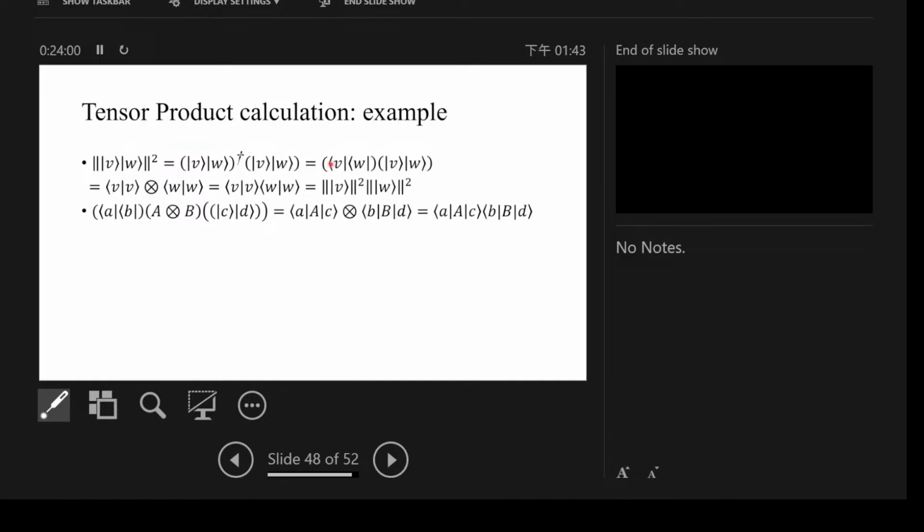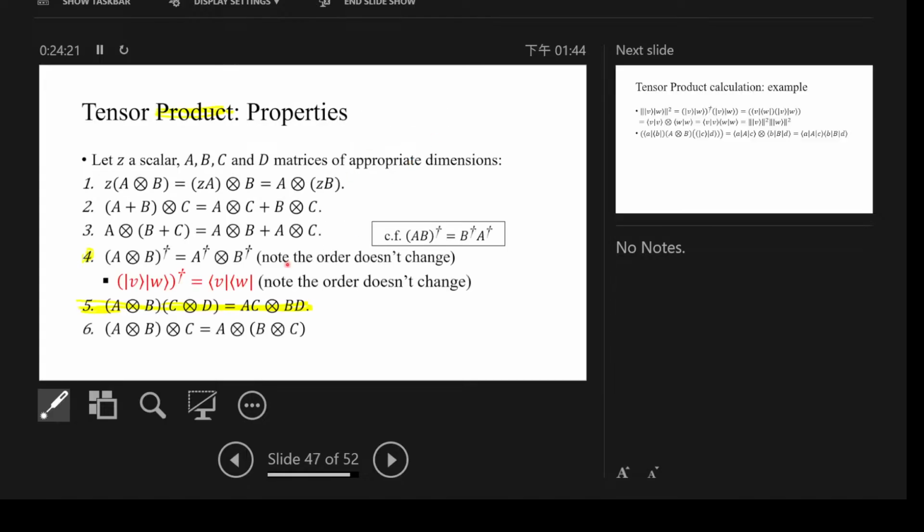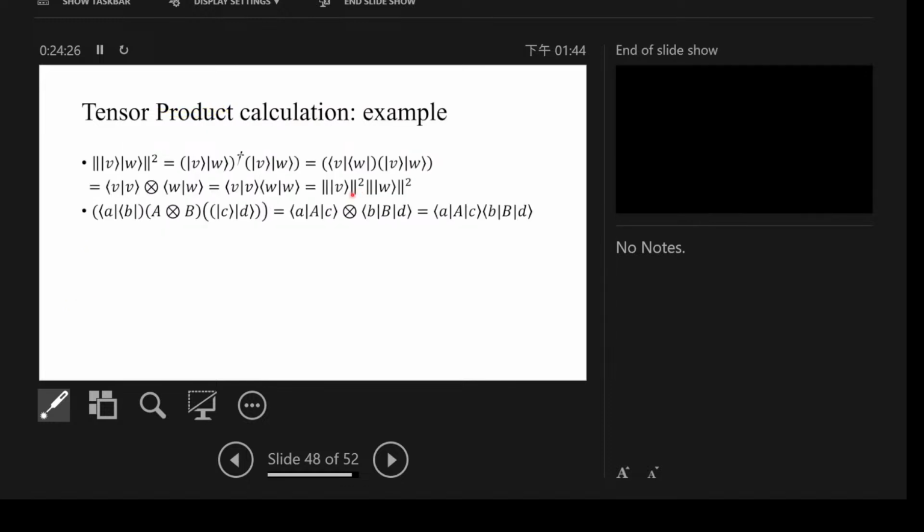And here we see that the dual of it, the order doesn't change, so you just flip V ket to V bra and W ket to W bra. Then you have this V bra tensor W bra multiplying with V ket tensor W ket. And once again we use this fifth rule, where each slot is multiplying together. Then we have V bra times V ket, and then tensor W bra times W ket.